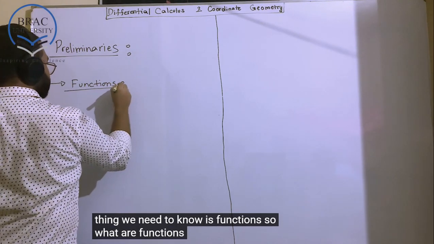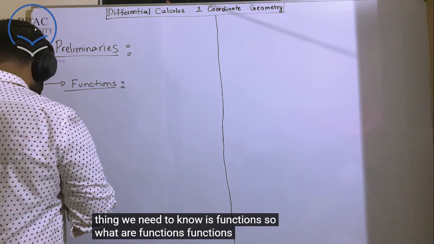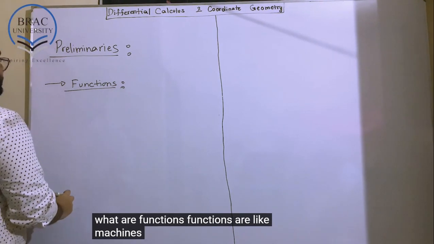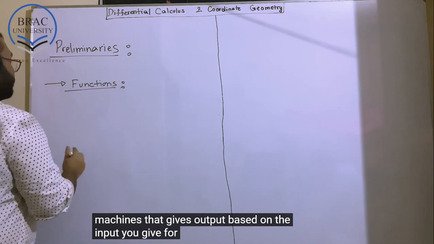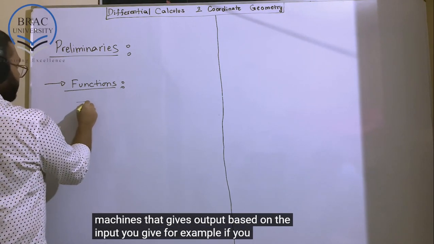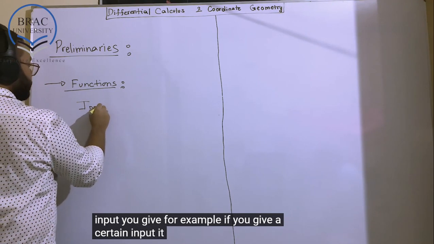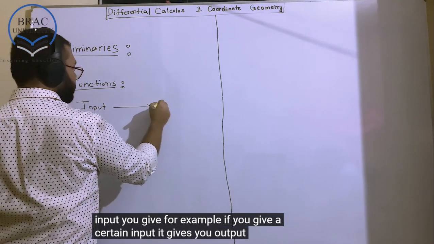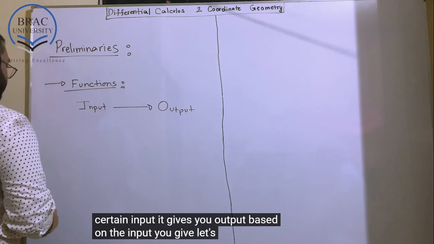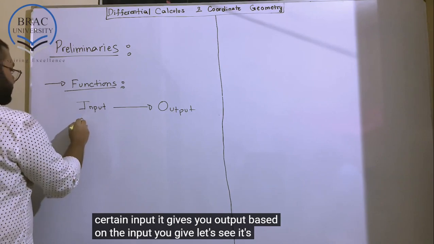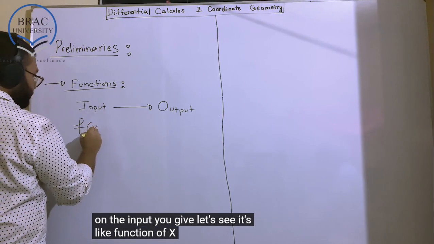So what are functions? Functions are like machines that give output based on the input you give. For example, if you give a certain input, it gives you an output based on that input. It's like a function of x.